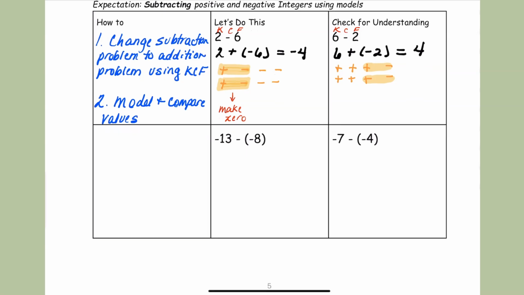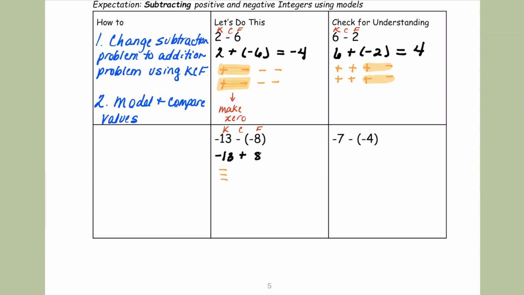All right, let's jump down and try this one more time. Negative 13 minus negative 8. Well, let's write in our keep, change, flip first. We're going to keep that negative 13, change that minus sign to a plus sign or an addition sign, and change or flip that negative 8 to a positive 8.